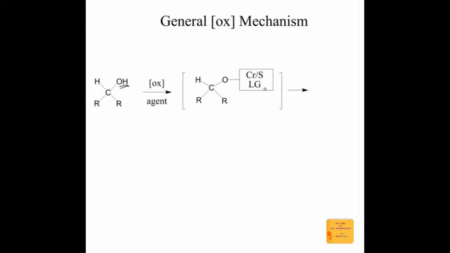But we have some kind of leaving group on the oxygen, which means that a base can come in and grab this hydrogen and move the electrons over to form a pi bond, because there's a leaving group on the oxygen that can get kicked off. As a result, we go from a C-O single bond to a carbonyl. So this is where the electrons come from. This is how a carbonyl can be generated. And it also points out that this hydrogen is necessary for an oxidation reaction to occur.